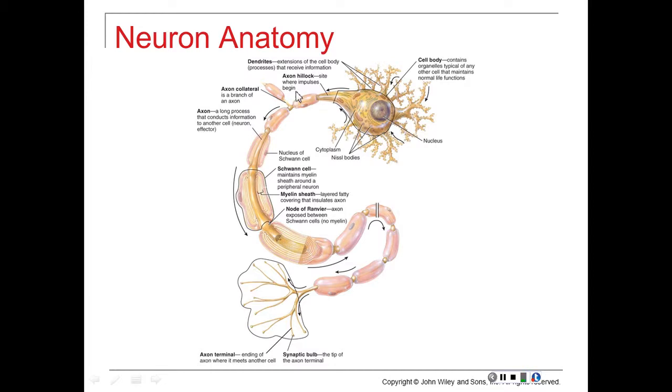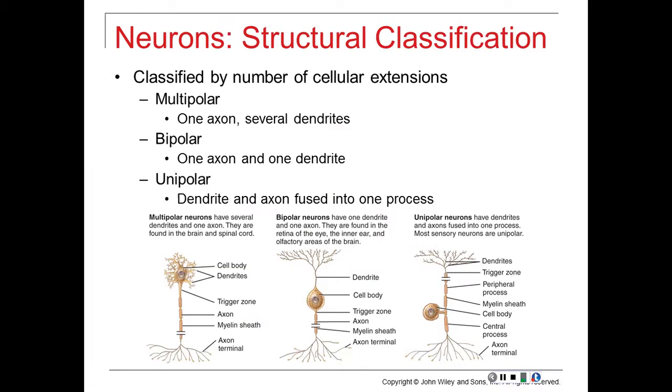And then the action potential is going to jump over these myelin sheaths and hit what's called the nodes of Ranvier, or the nodes. So instead of this action potential having to meander all down every single piece of this cell membrane, that myelin sheath allows that action potential to just jump, jump, jump, jump, jump, until it gets to the very end, the axon terminal, where it can synapse or meet up with another cell.